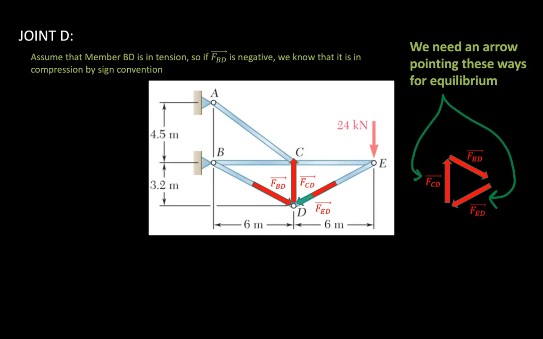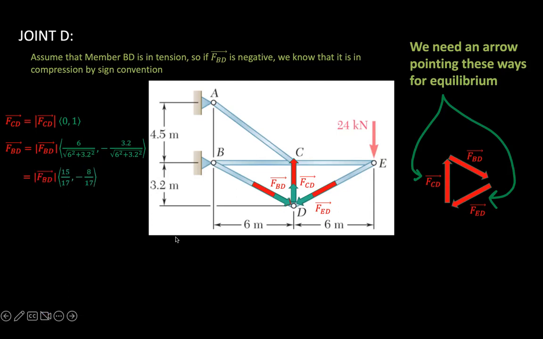So we now have the unit vectors along DE, DC, and BD. These are the unit vectors. So basically we have FCD as a vector is equal to the magnitude of FCD times the unit vector along CD, which is 0, 1. FBD as a vector is equal to the magnitude of FBD times the unit vector along BD, and that is equal to that.